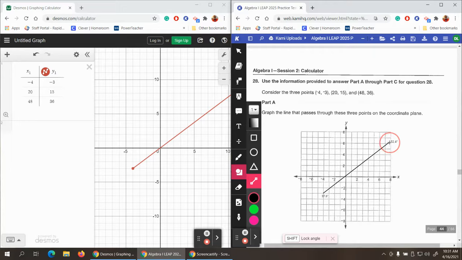All right, so your line is going to look something like that. You'll have better, because you see here 0, 0 is a spot. What is that? 4, 3 is a spot.